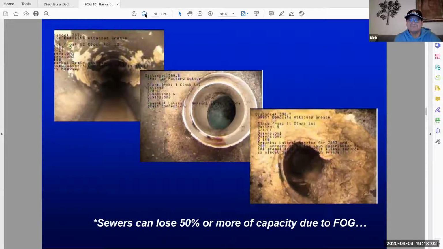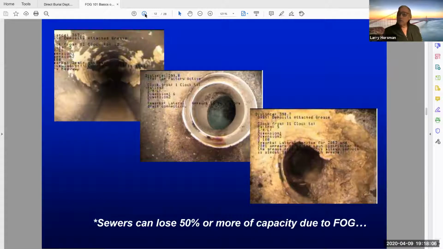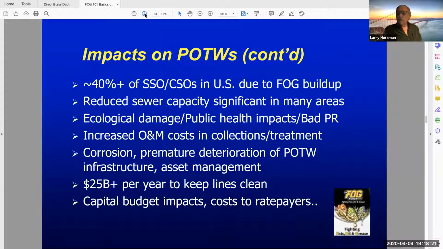Just some nice pictures from inside of some sewer lines. They TV them on a not infrequent basis these days. It's a fairly simple procedure because they can't afford to get dinged by the EPA or the Water Quality Control Board.